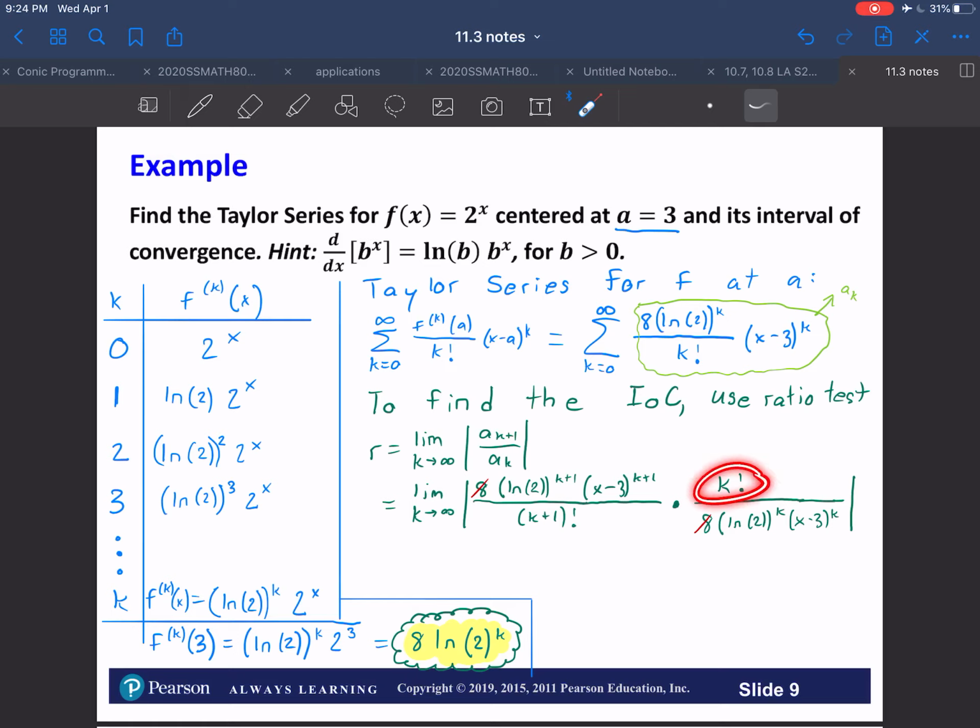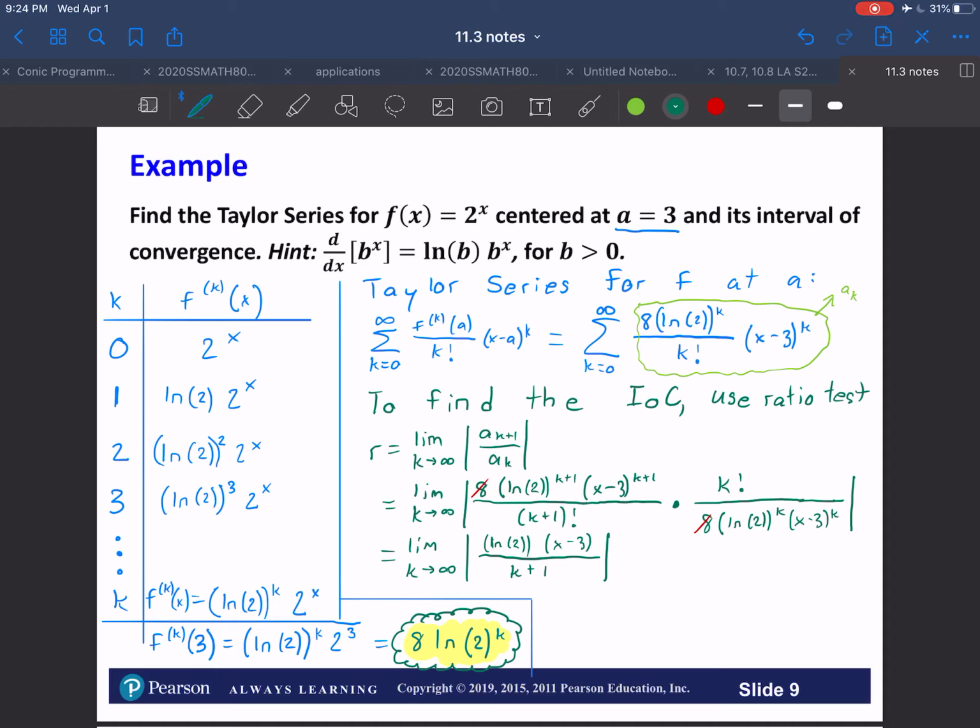And k factorial over k plus 1 factorial leaves us a k plus 1 on bottom. So all in all, this will simplify to the natural log of 2 times x minus 3, divided by k plus 1. Did I forget anything? I did not.